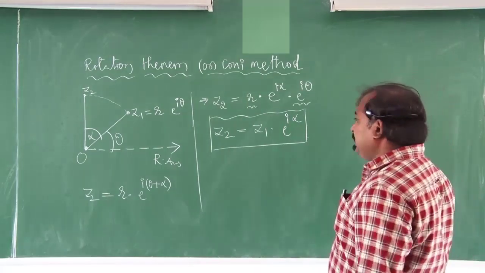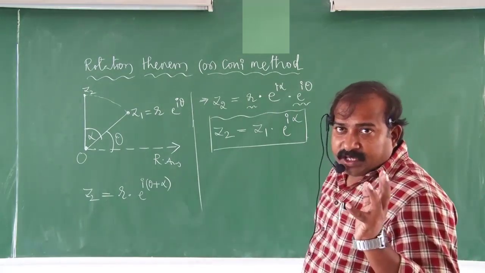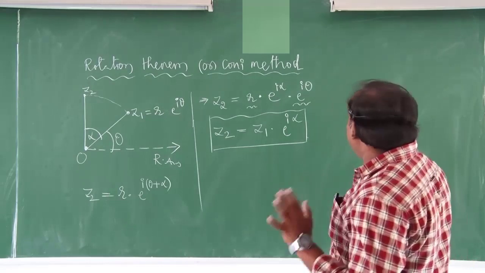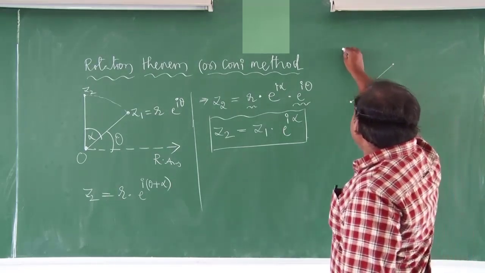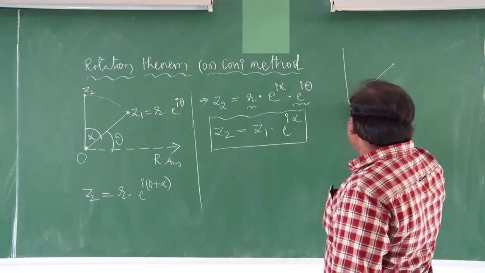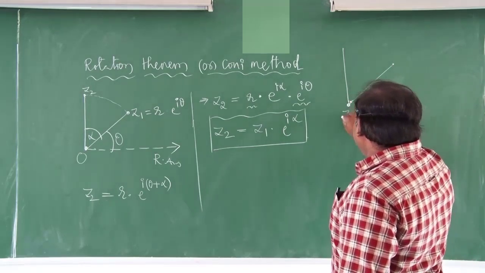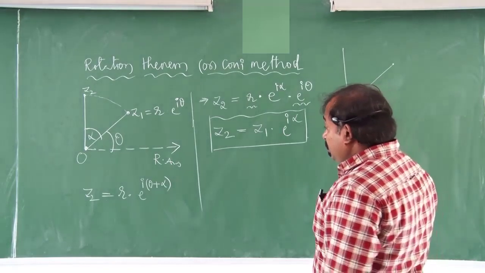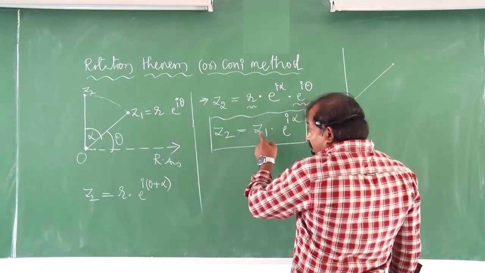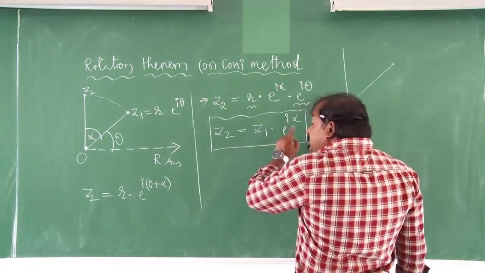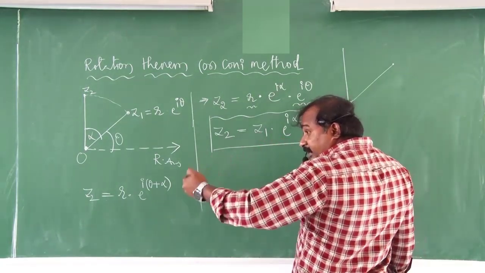Now the same diagram I will give. You have to tell how this relation will be valid. Of course, Z2 means Z2 minus 0, and Z1 means Z1 minus 0 indirectly. You can imagine it like that.